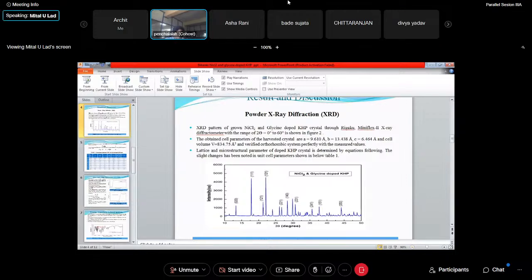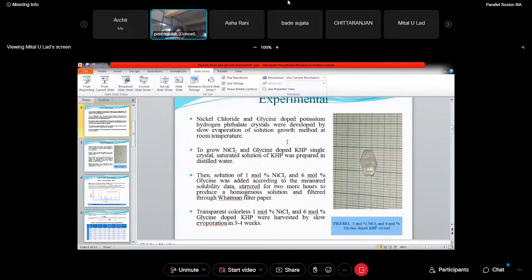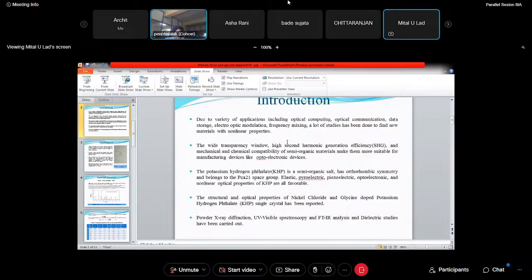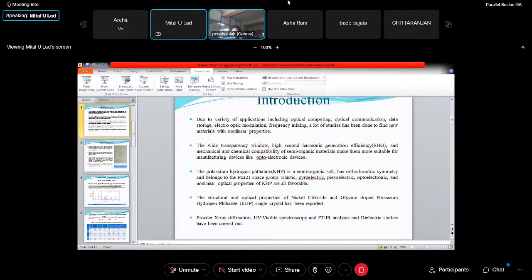What is the basic application of this material, the so-called nickel chloride doped potassium hydrogen phthalate crystal? For what purpose do you want to use it? It is used in optical computing, communication, data storage.